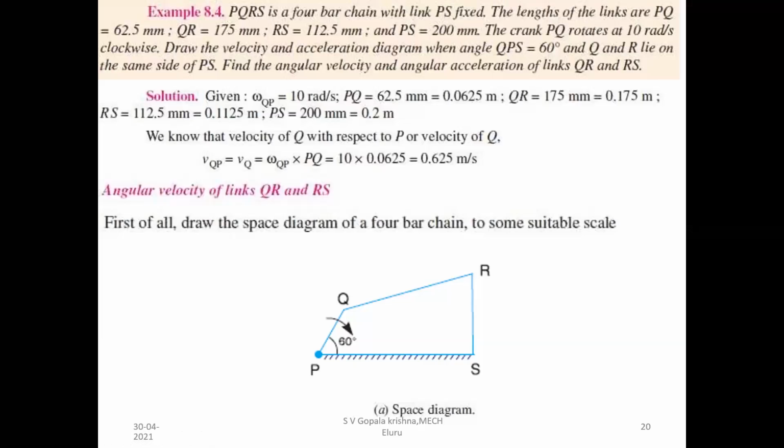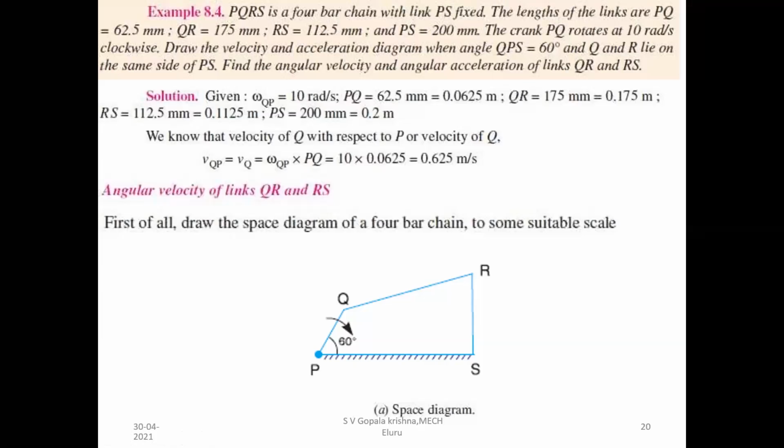Good morning, dear students. Today we are going to discuss the 4-bar chain problem. Please observe the problem and read the problem description carefully. PQRS is a 4-bar chain with PS fixed.